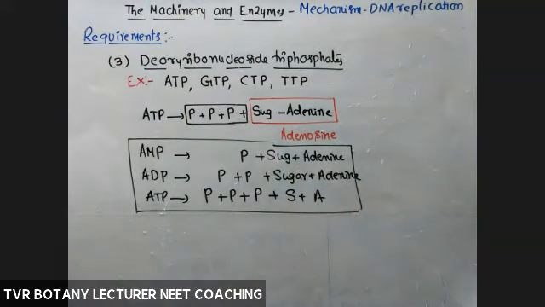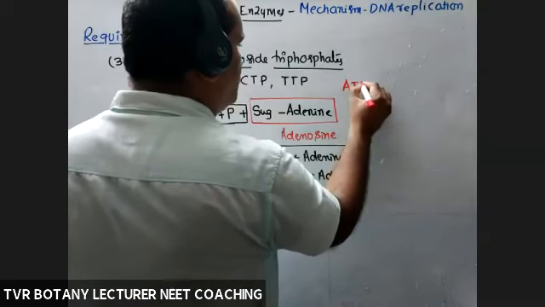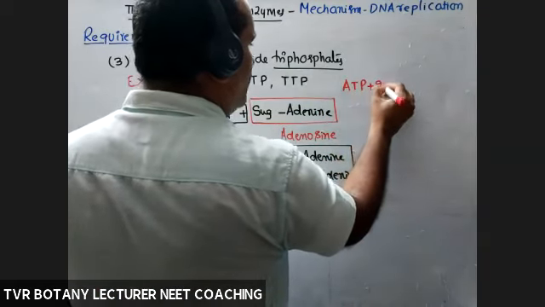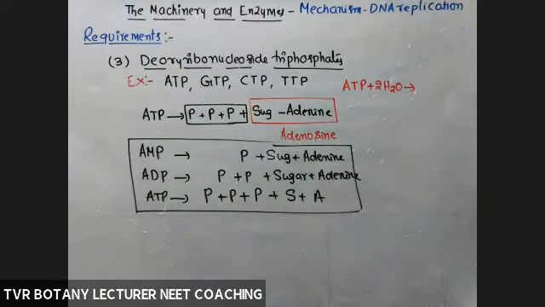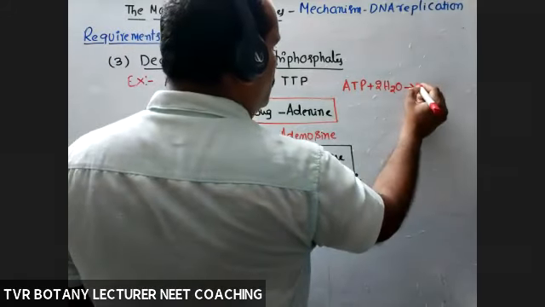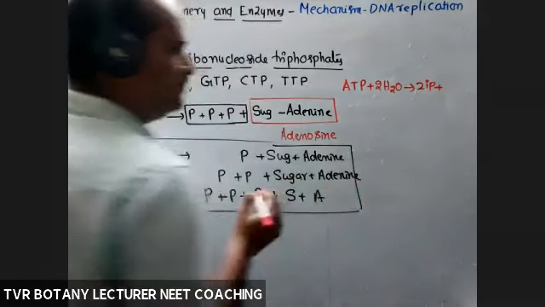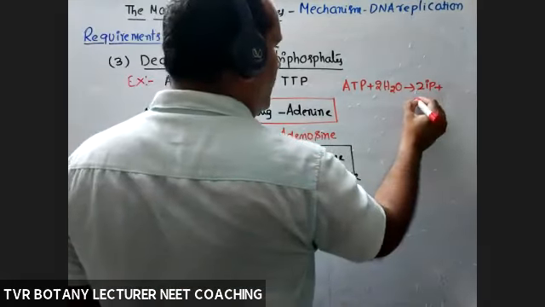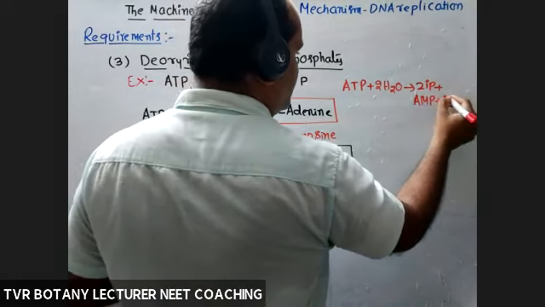Now, what is the role of deoxyribonucleoside triphosphates? Take one ATP molecule. ATP plus 2 molecules of H2O, on hydrolysis, gives rise to inorganic phosphates removed plus adenosine monophosphate plus energy.